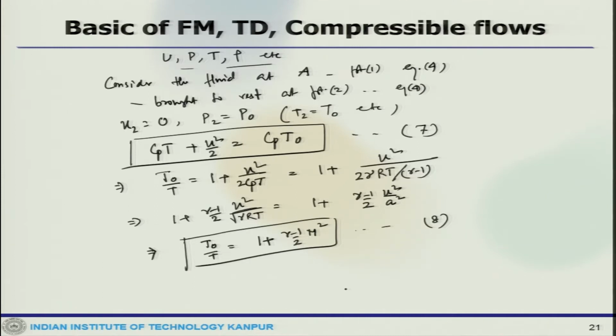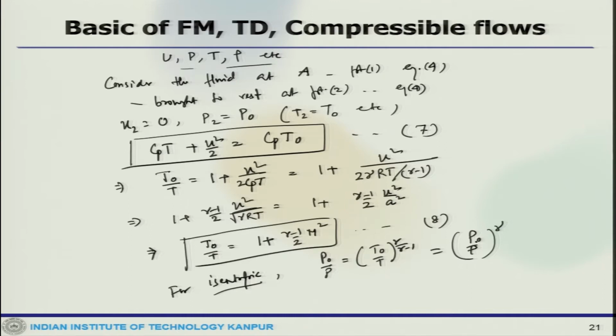Now, if we say the process is isentropic, then what we can write, that P naught by P is T naught by T to the power gamma by gamma minus 1, which is rho naught by rho to the power gamma.